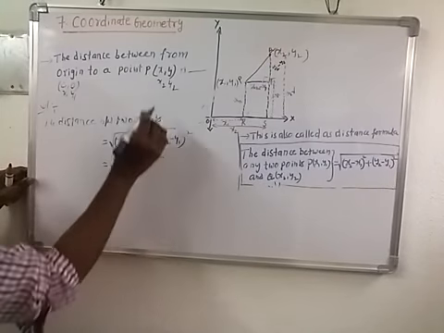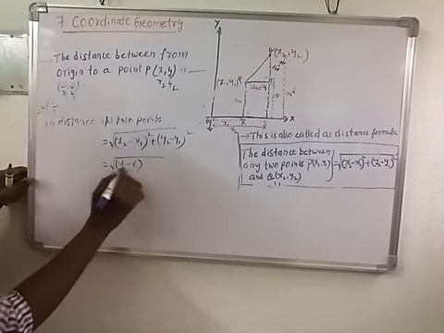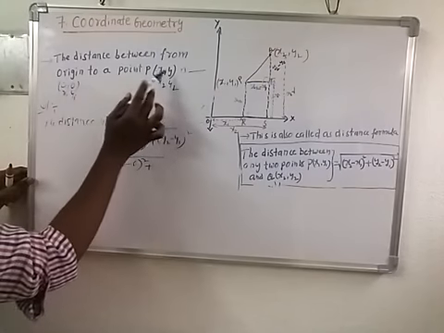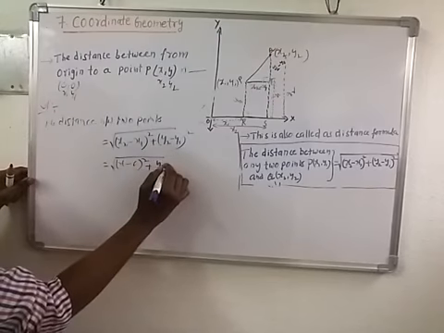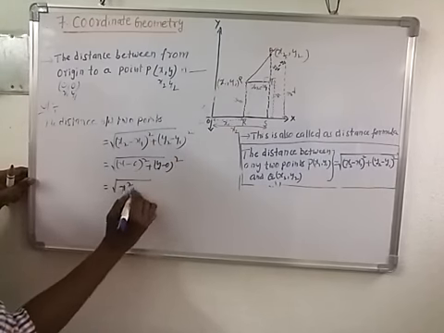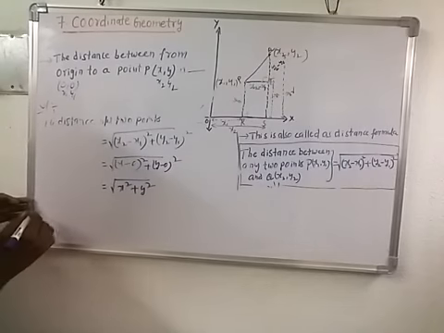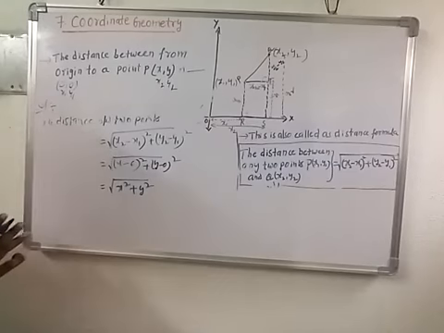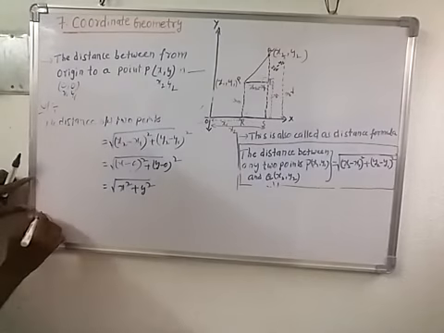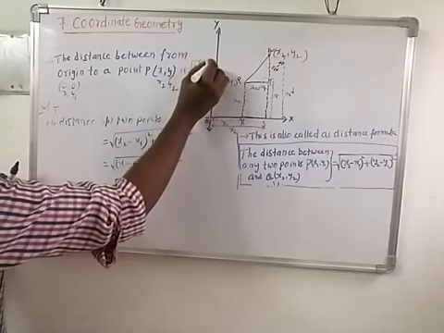That is the square root of x minus 0 whole square plus y minus 0 whole square, which is the square root of x square plus y square.